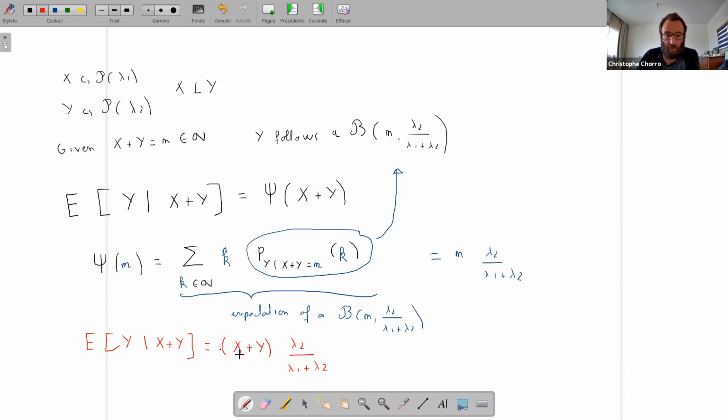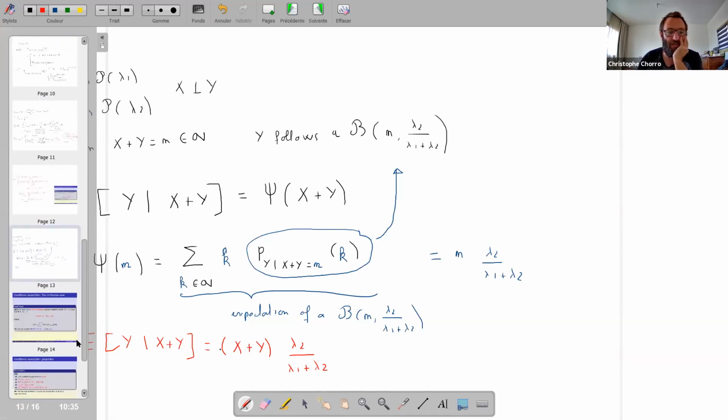Once again, in most of the computations we are going to do, we have no more technical difficulties computing conditional expectation than computing expectation, because, as here for the binomial distribution, we use all the results we know about the expectation of classical discrete random variables. So I have this one in the discrete case.